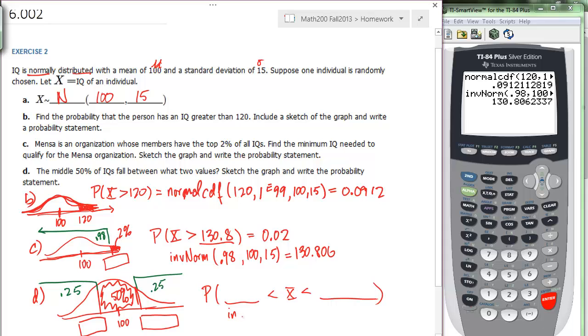We're going to be calling on the inverse norm again, and the area to the left is 25%. And for our second one, similarly, inverse norm, but the area to the left is no longer 25%, rather it's the complement, or 75%.